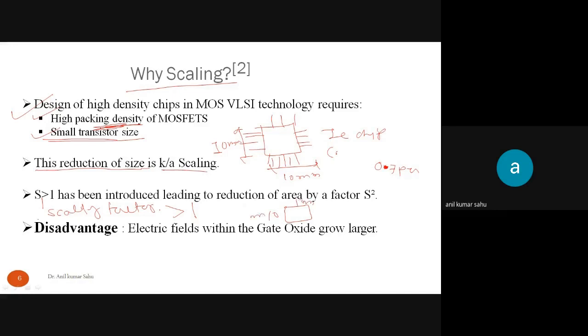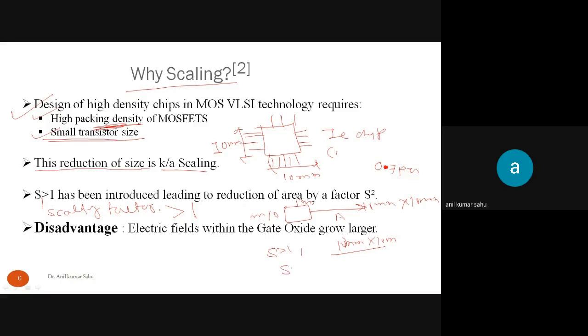If the scaling factor is greater than 1, then what happens? The initial area is 10 mm cross 10 mm, but with the scaling factor greater than 1, the dimensions are divided by that scaling factor.